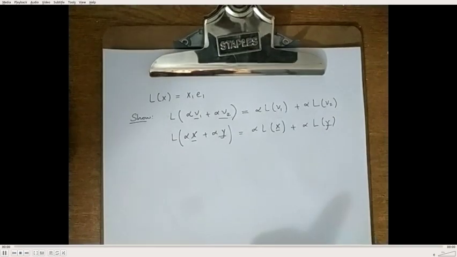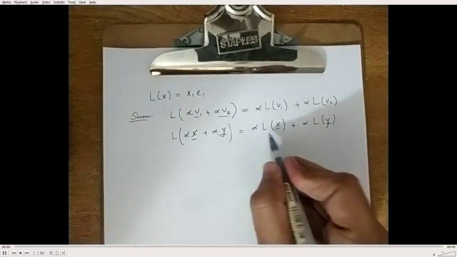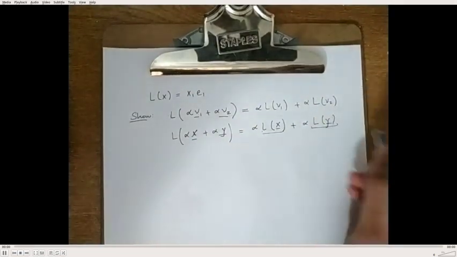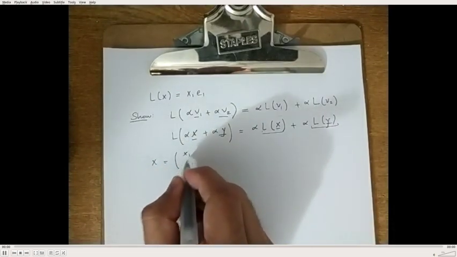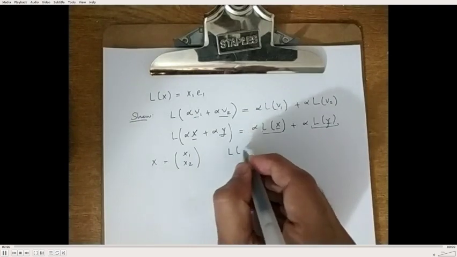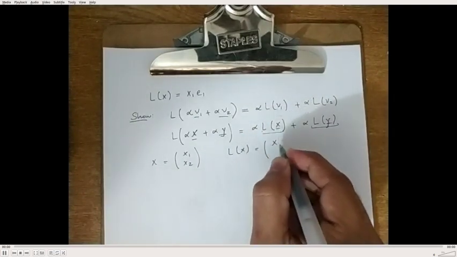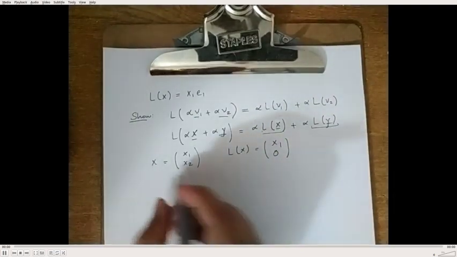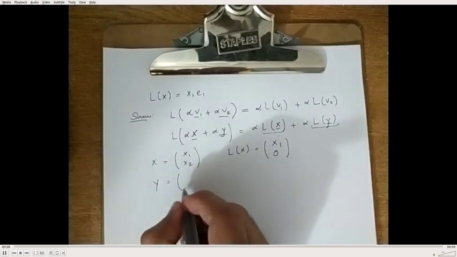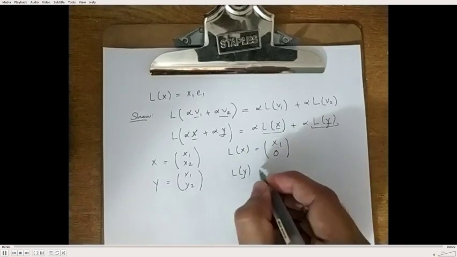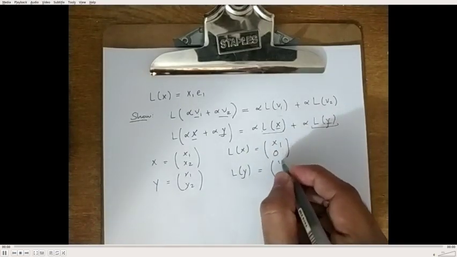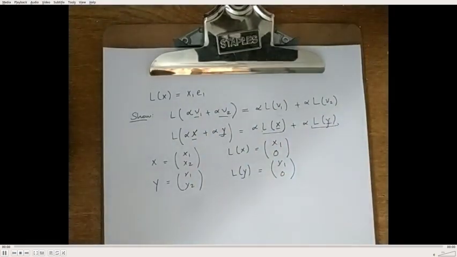First, let's make sure we understand what these terms mean. If I have x as the vector (x1, x2), then I know that L of x is just (x1, 0). And if I have a vector y, (y1, y2), then the transformation of that vector will simply be (y1, 0), right?